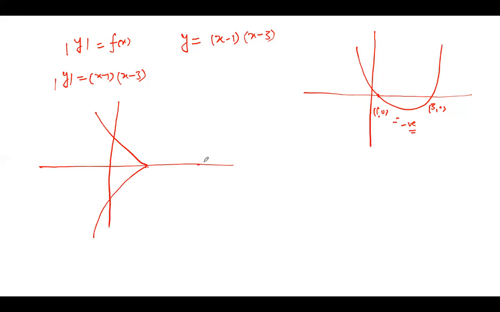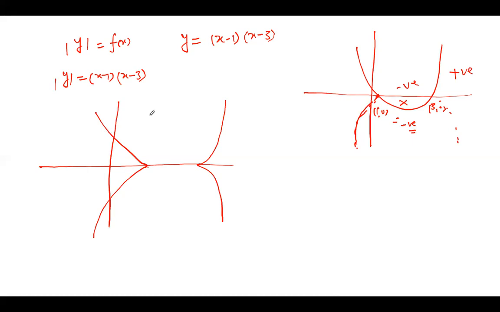When the graph is positive, you have to draw this in the negative also. When the graph is negative, you have to cross it out. And for positive, you have to draw in the positive as well as in the negative part.